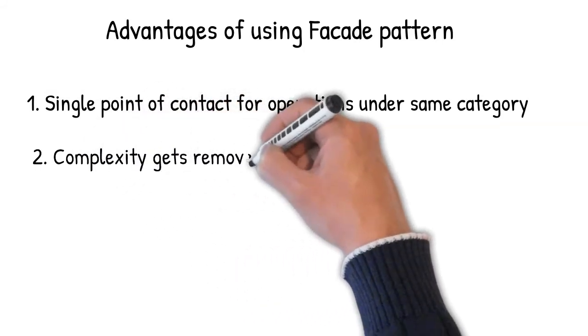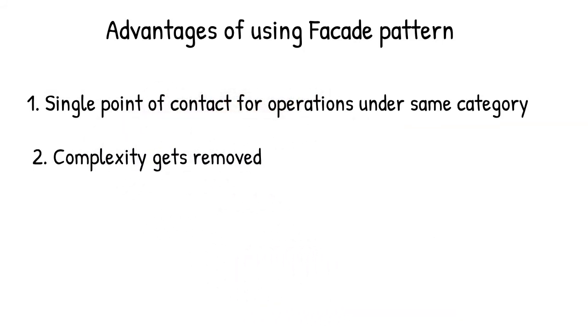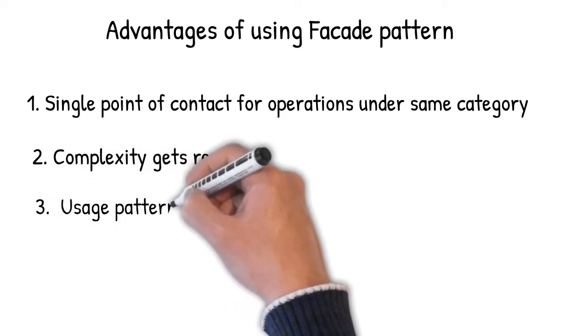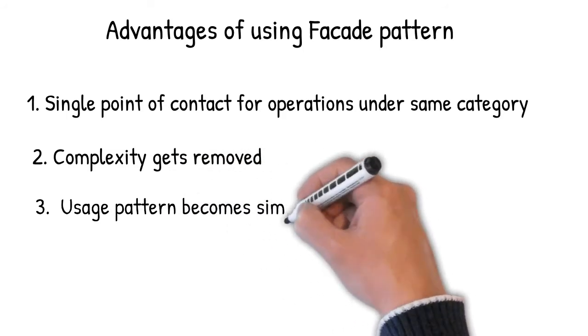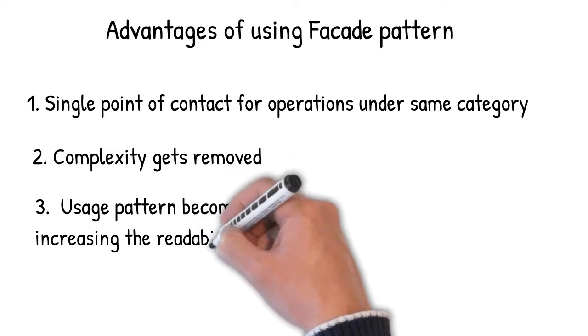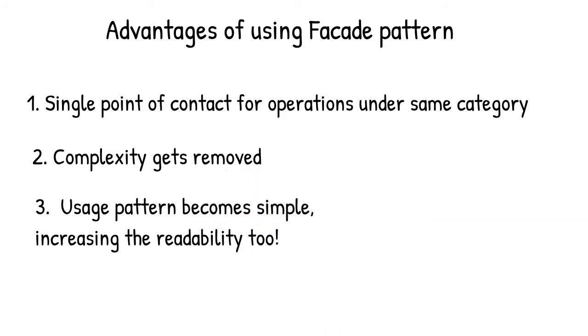Second, the complexity gets removed so that the consumer doesn't have to be aware of how exactly an entity has to be consumed. And the third, usability becomes so simple that it not only reduces the overhead of the consumer but also improves the readability.